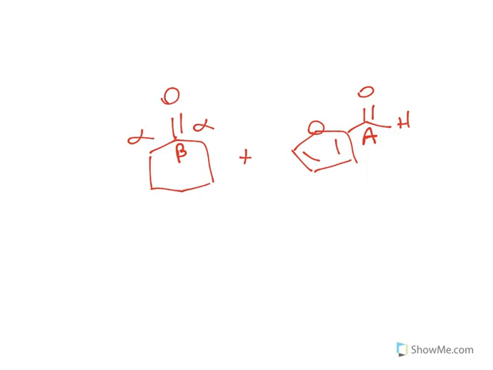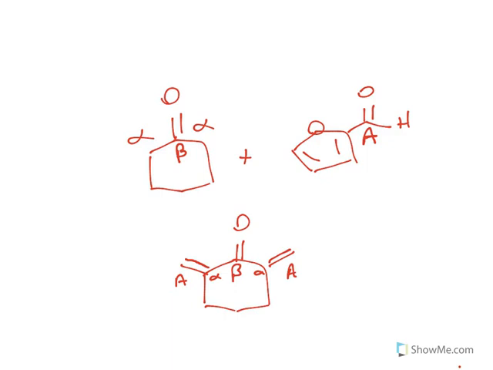All right, so alpha and alpha make bonds to what? A and A. Okay, and those are double bonds, right?